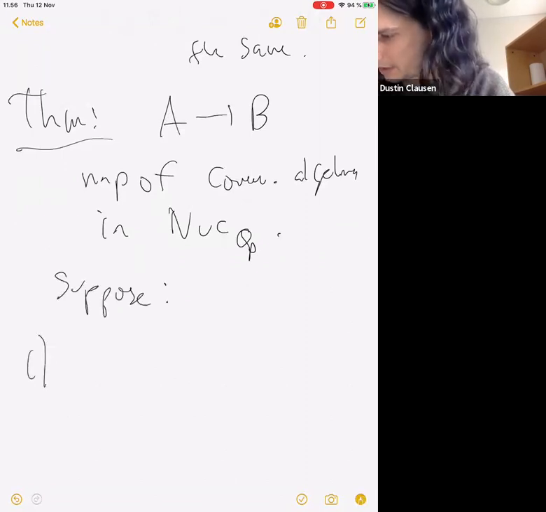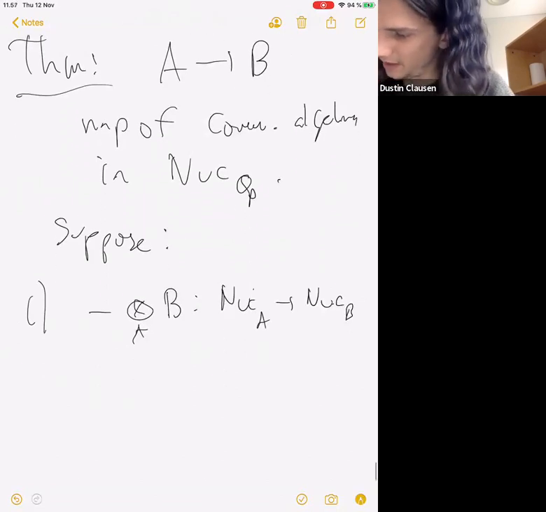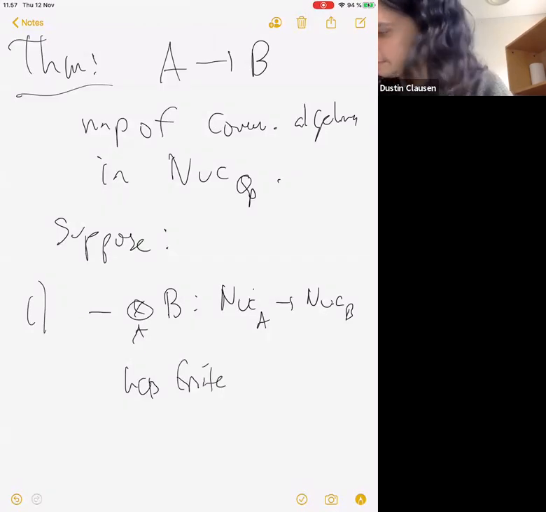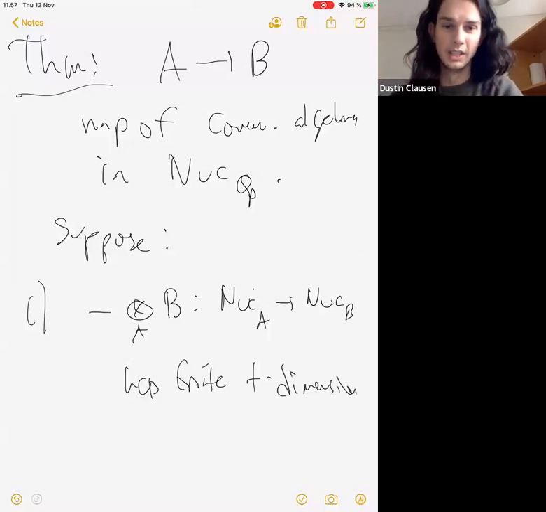So one, suppose that the tensor product from Nuc_A to Nuc_B has finite Tor dimension. Or I should say, B has finite Tor dimension over A with respect to the relative solid tensor product.